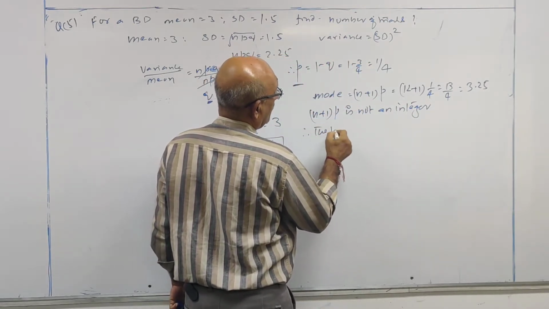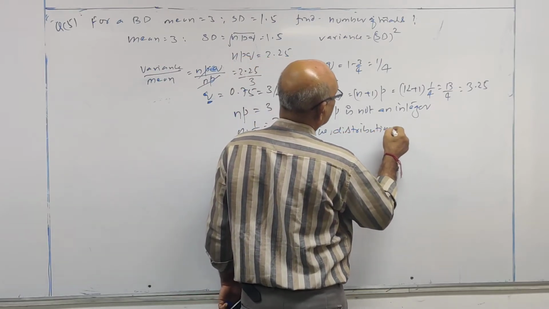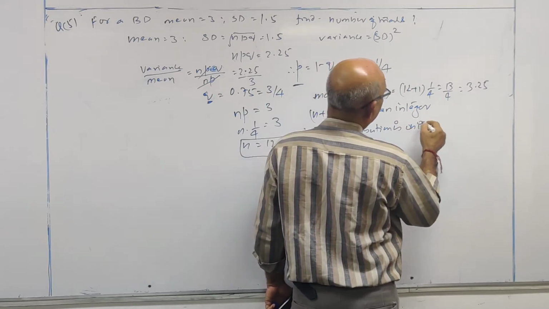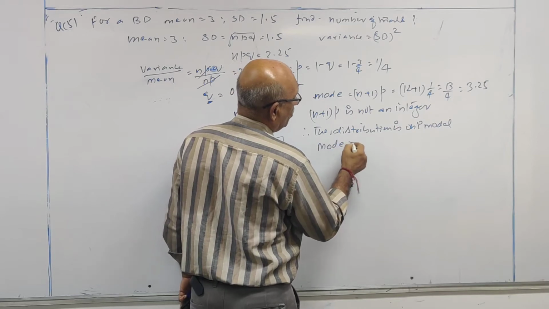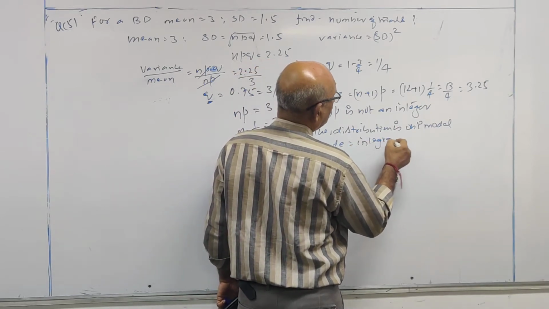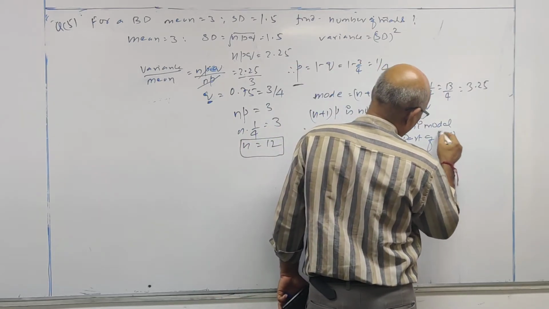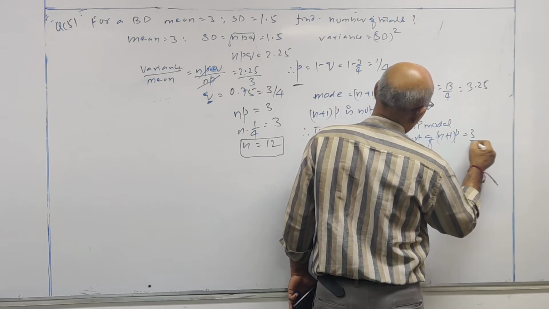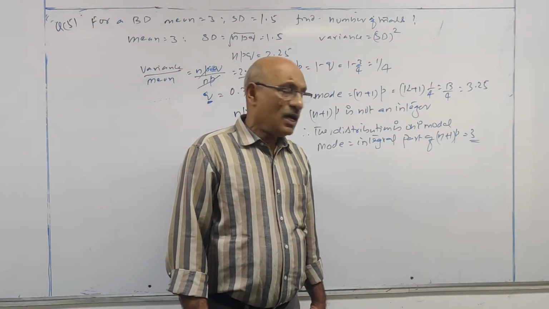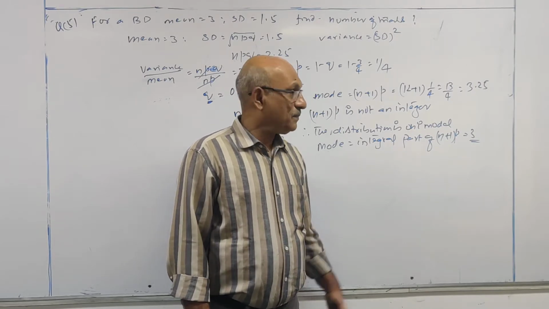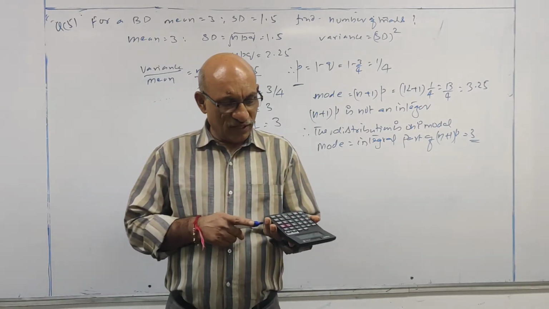Therefore, the distribution is unimodal. Mode is equal to the integral part of N plus 1 into P. N plus 1 into P is equal to 3.25. For this, integral part is equal to 3. Okay, that is the answer to this question.